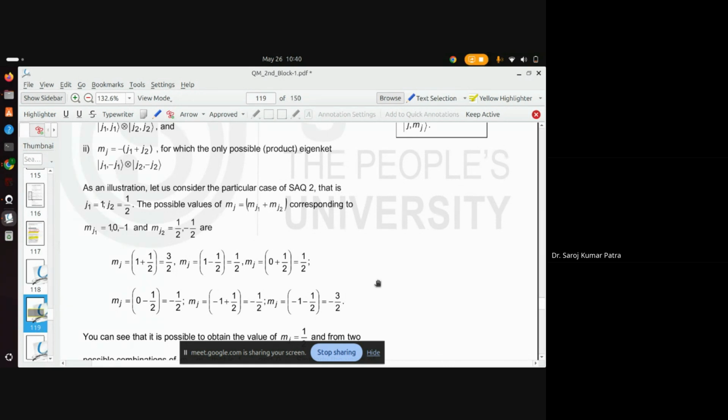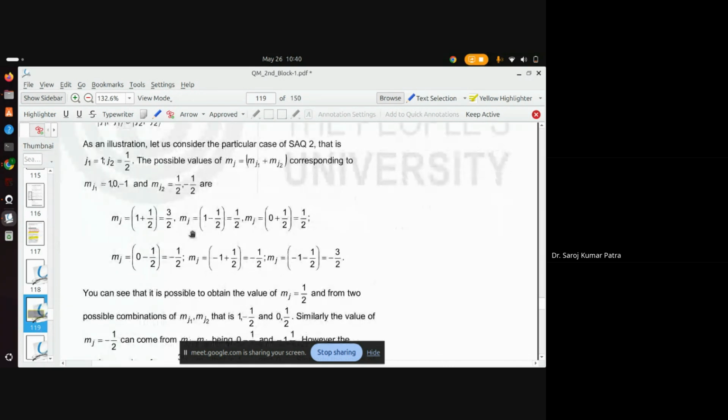अब यहाँ पे हम देख सकते हैं कि mj is equal to हाफ के लिए, mj is equal to हाफ यहाँ भी है, mj is equal to हाफ यहाँ भी है. तो mj is equal to हाफ कहाँ से आ रहा है, mj1 1, mj2 माइनस हाफ. इससे भी बन सकता है यार, mj1 0 और mj2 हाफ, इससे भी बन सकता है. So there are two possibilities to get the same mj value.